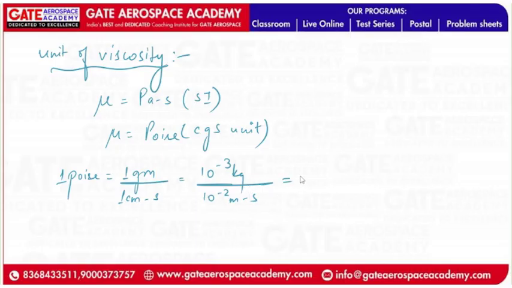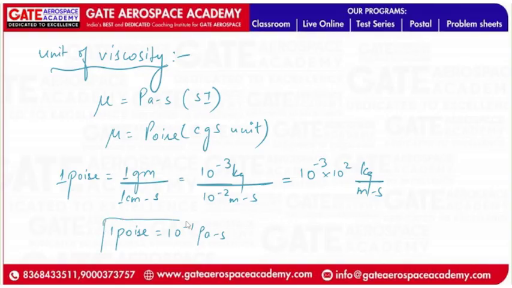This will go like 10 to the power minus 3 into 10 to the power 2, and it will become kg per meter second. This kg per meter second is Pascal second. So 1 poise is 10 to the power minus 1 Pascal second. If the units are mentioned in poise, you can convert it into Pascal second.